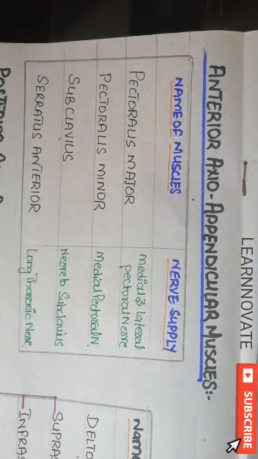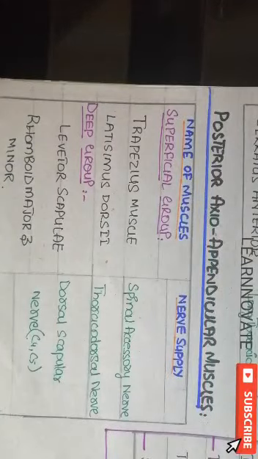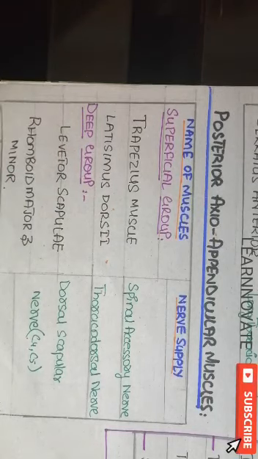Now coming to the second part, the posterior axio-appendicular muscles. Here I have made notes. There are two groups of posterior axio-appendicular muscles that are attached on the posterior side of the pectoral girdle, formed from the clavicle and the scapula bones, which we have discussed in a separate video on bony features.